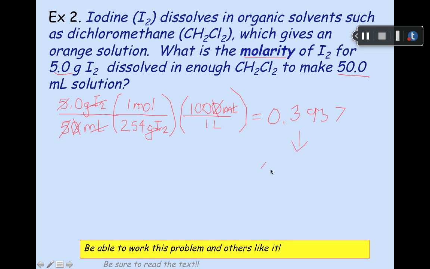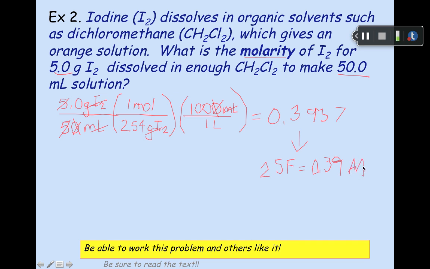So rounding this to 2 sig figs would be an answer of, think about it, you got it? It's going to be 0.39. And the unit is going to be moles per liter, so we write that as M, capital M.